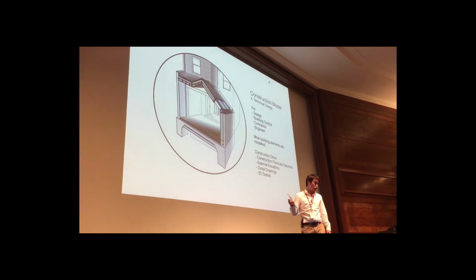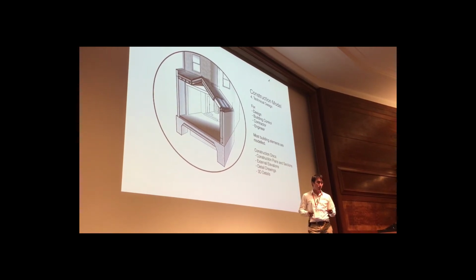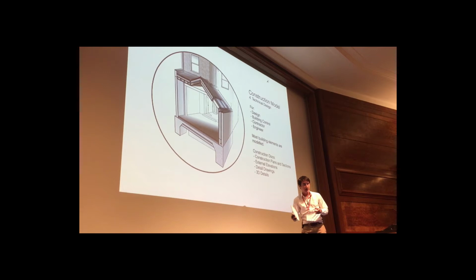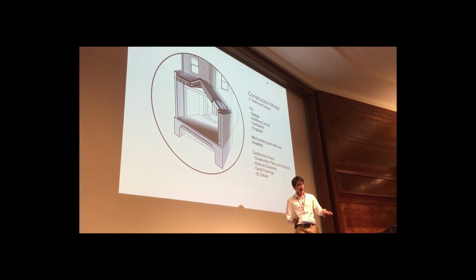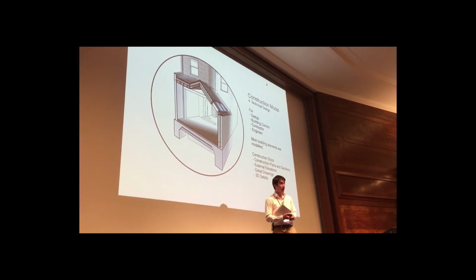But the construction model, this is kind of why you're here. This is the next step, I suppose. The reason why I use separate models mainly is to keep file sizes down. In my design model, I'll be using lots of fittings and fixtures that might be taking up a lot of polygons.